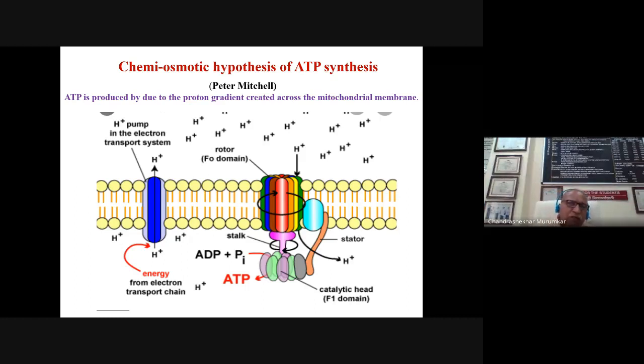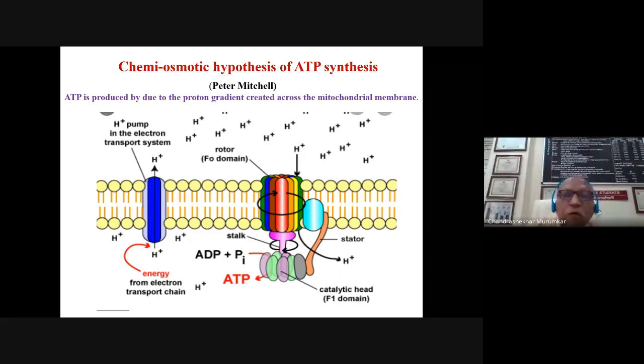And lastly, we have seen how these hydrogen protons and electrons are responsible not only for the generation of the ATP molecule, but also for the formation of the water molecule.